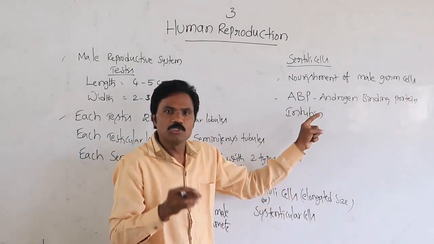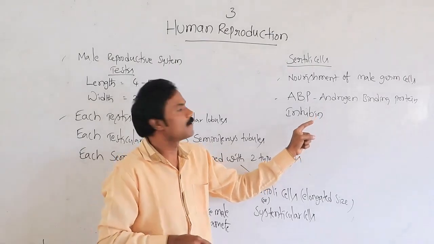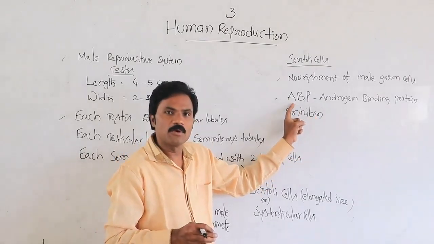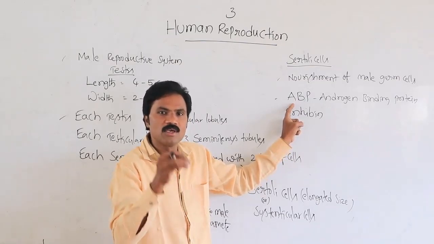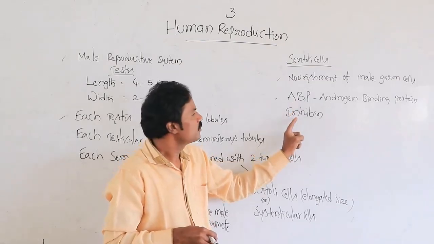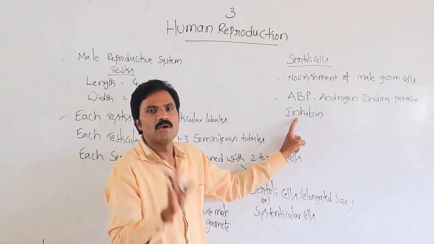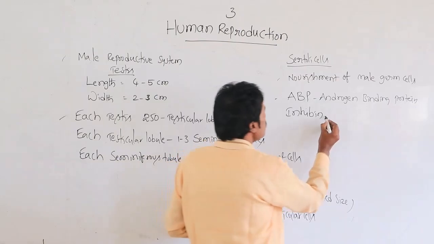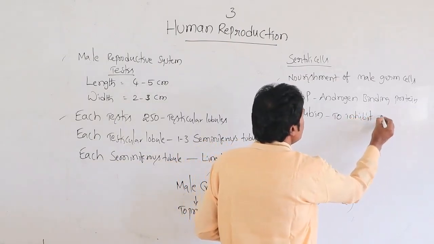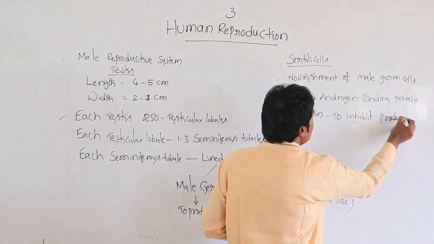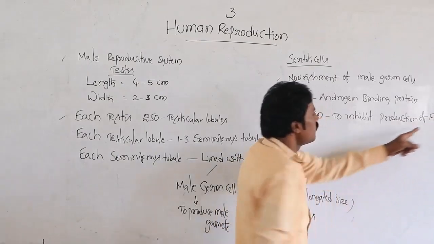Androgen binding protein helps to maintain the concentration of androgens inside the seminiferous tubule. Inhibin inhibits the production of follicle stimulating hormone. Why?